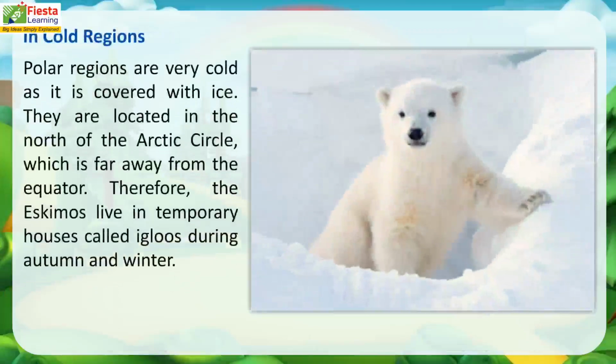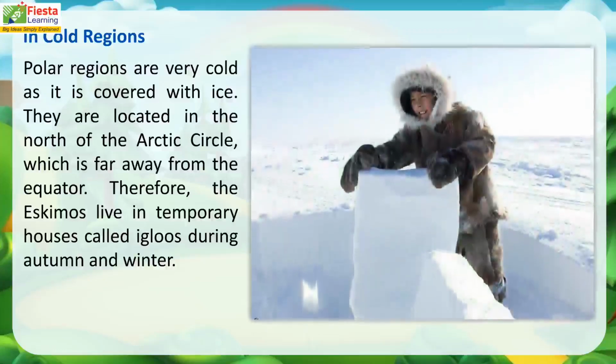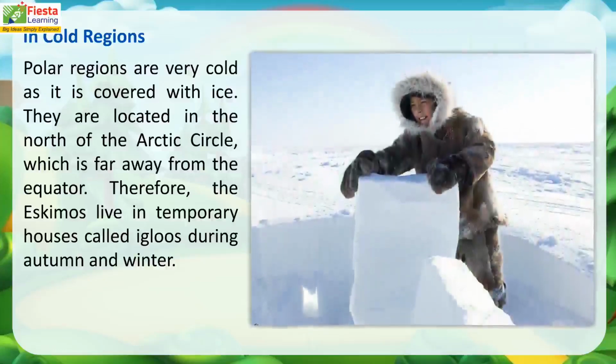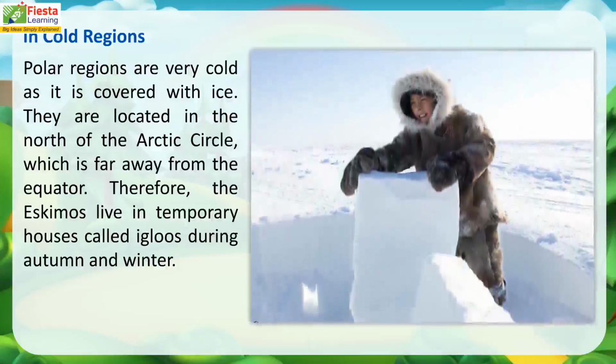In cold regions, polar regions are very cold as they are covered with ice. They are located in the north of the Arctic Circle, which is far away from the equator. Therefore, the Eskimos live in temporary houses called igloos during autumn and winter.